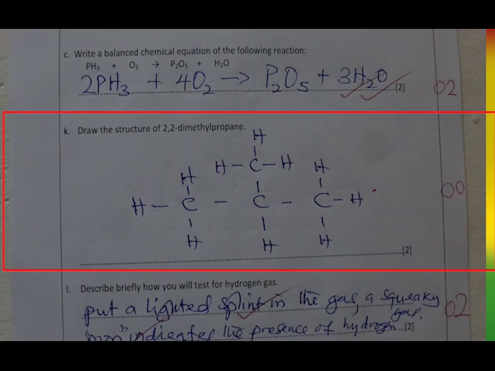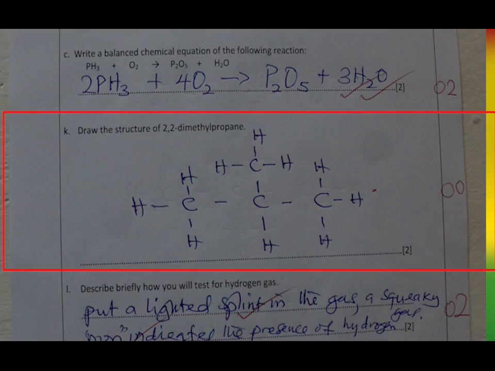Let us look at the response of Efua and what she could have done to improve her answer. Efua did very well. She nearly got everything correct, except D, her response in D. Efua, you failed to realize that the prefix dimethyl indicates that there are two methyl groups present, and therefore you only indicated one of them.